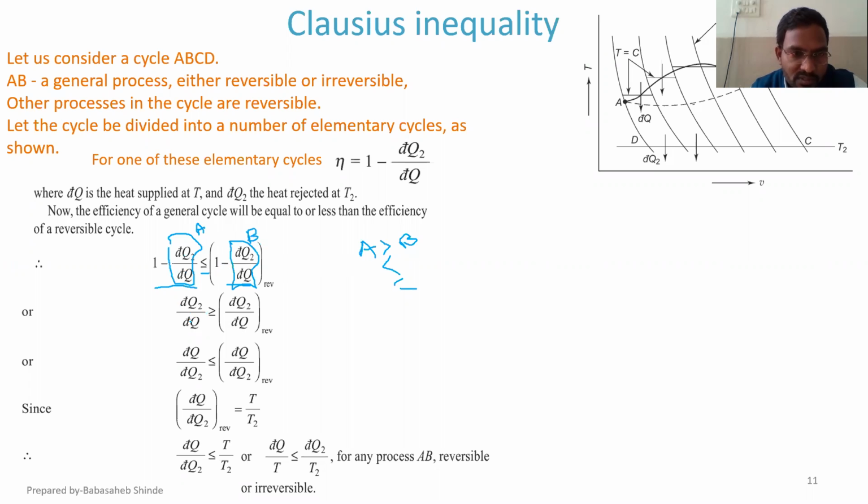If I try to establish the relationship between dq2 by dq for the normal engine and dq2 by dq for the reversible engine, this sign will be reversed now, because dq2 by dq for the normal engine will be greater than dq2 by dq for the reversible engine. Everyone is fine till this stage?